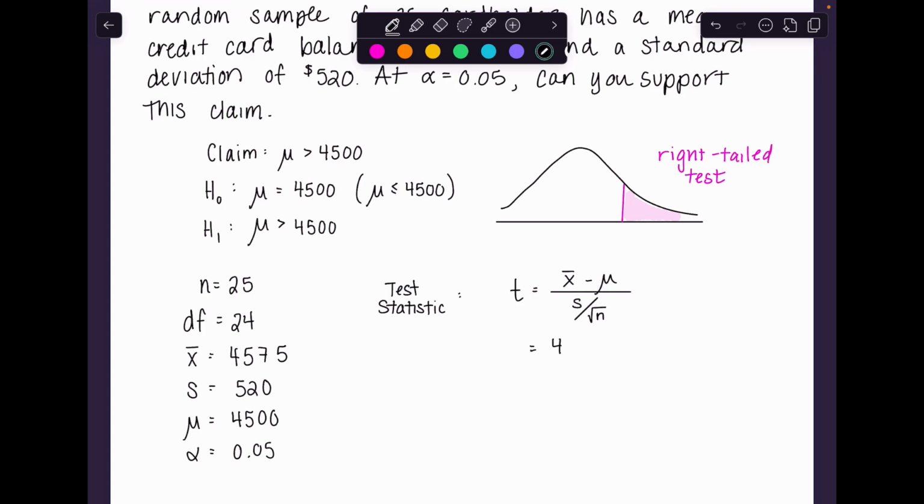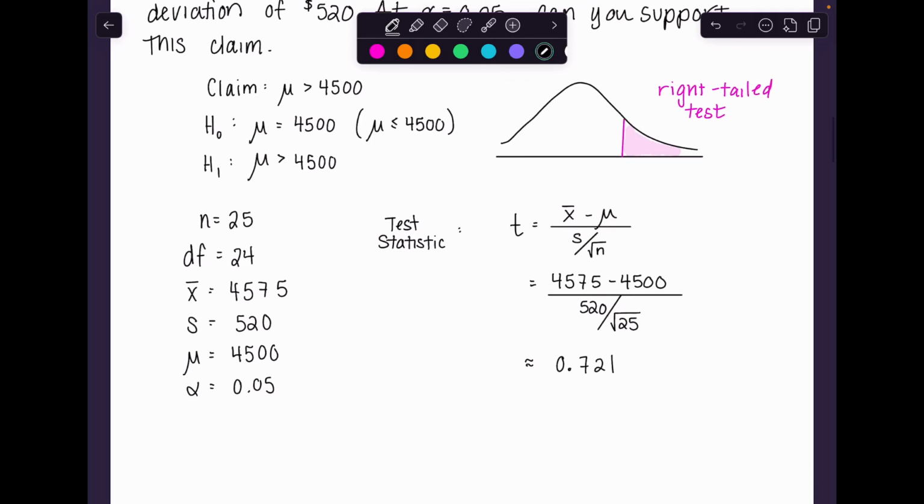So this will be 4,575 minus 4,500. Our sample standard deviation is 520, and our sample size is 25. So I'm going to trust this part you can plug into your calculator. You should get that this is about 0.721.